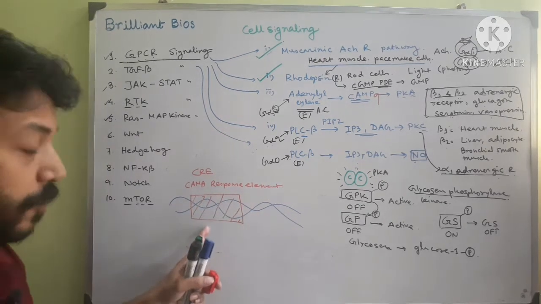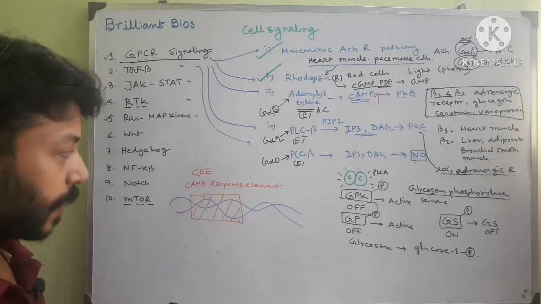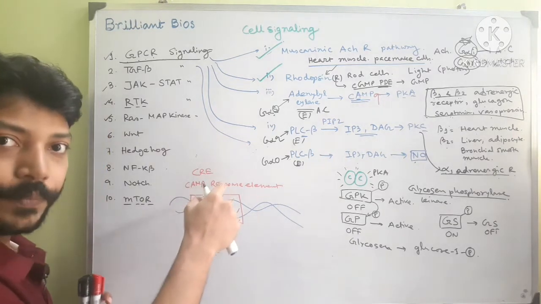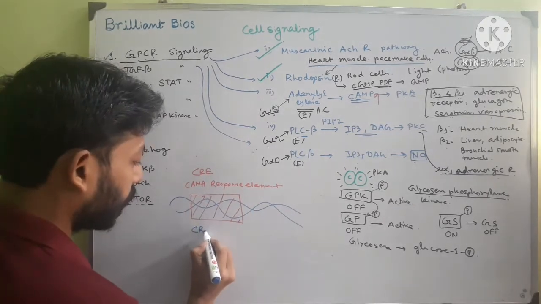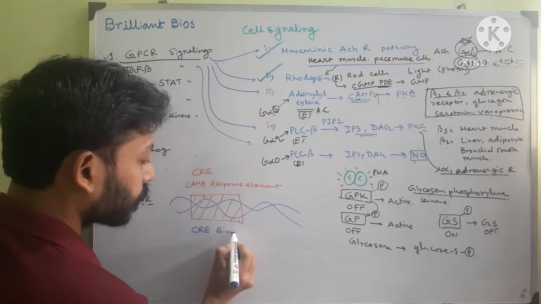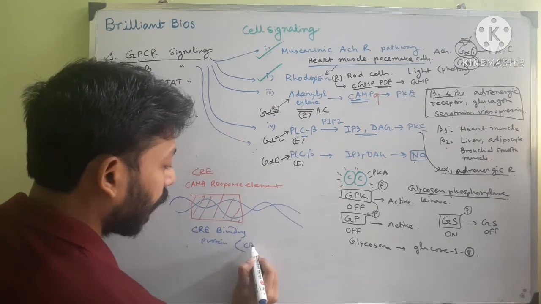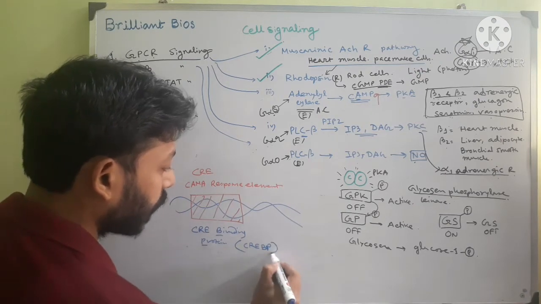That means this region is the sensor of cAMP. Now there is a protein called CRE binding protein, in short CREB.